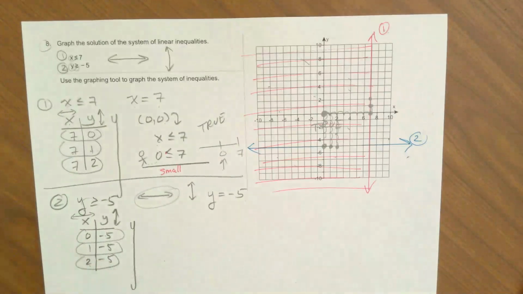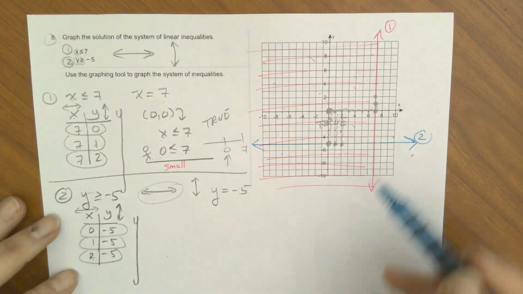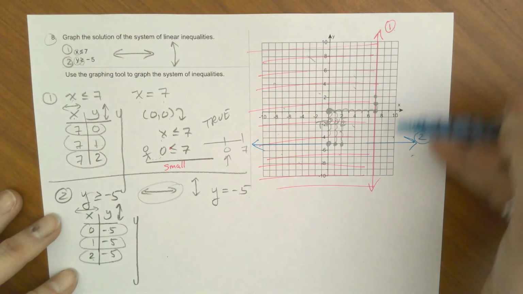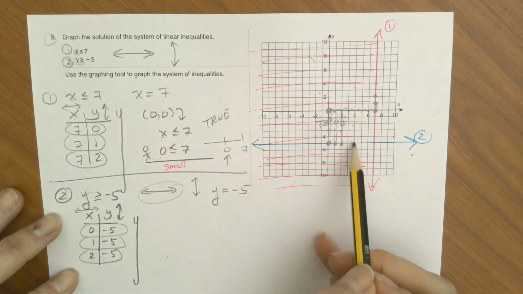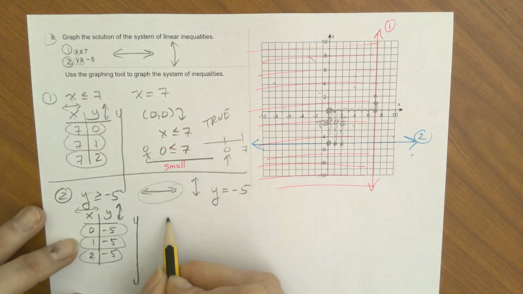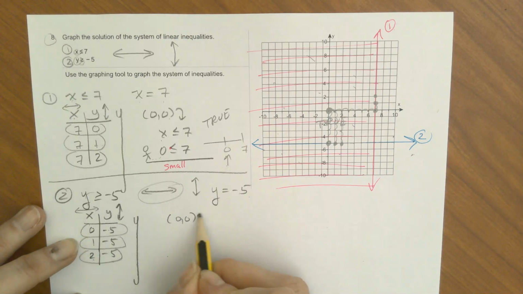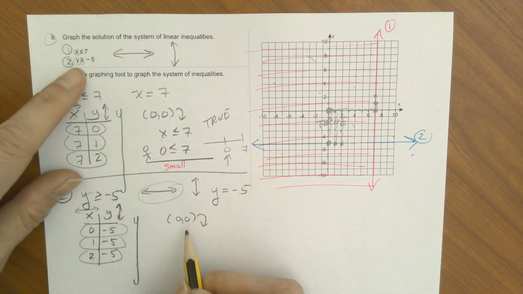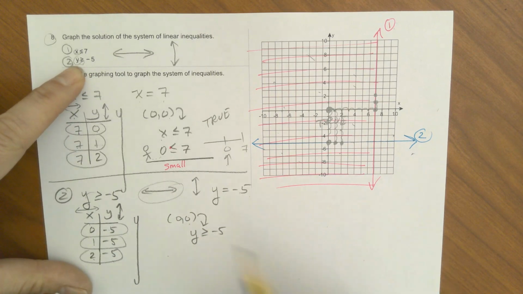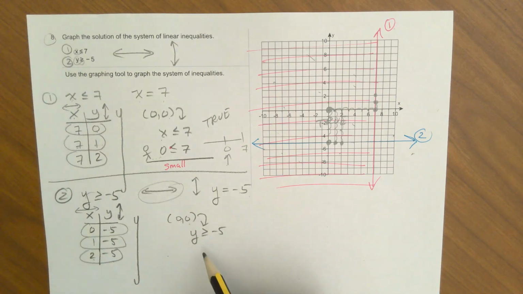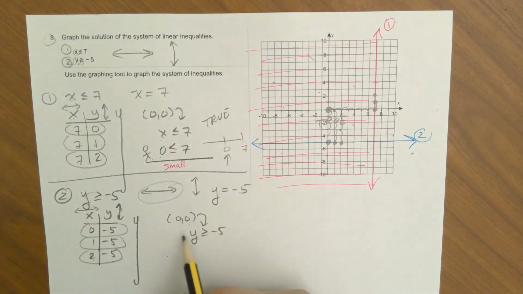So now I have to decide, am I going to color above or below the line? So 0, 0 is not on this boundary line, so I can use it to check. Let's substitute 0, 0 into this inequality and check to see if it's true or false. There's no x. There's only one letter. It's okay. It makes it easier for you. So wherever there's a y, put the 0.